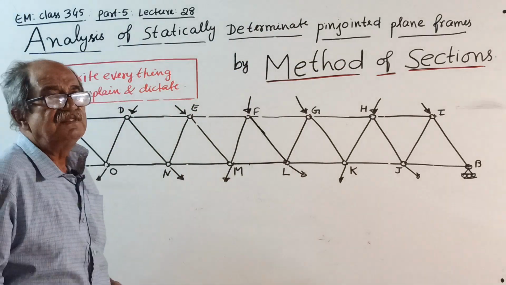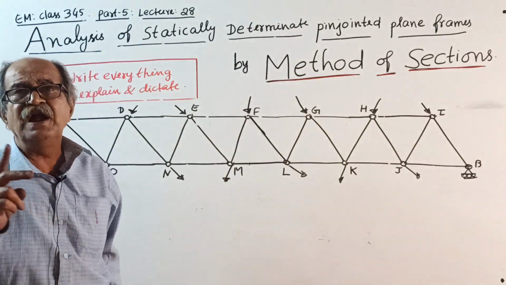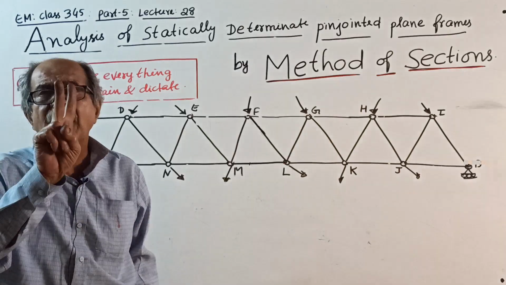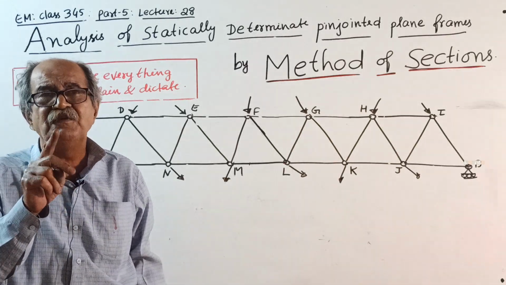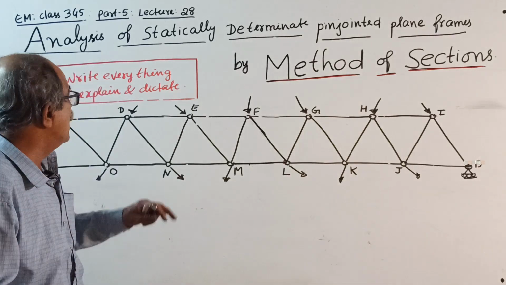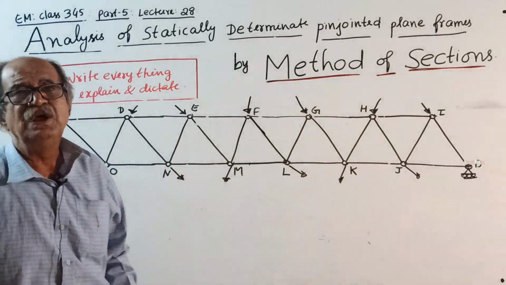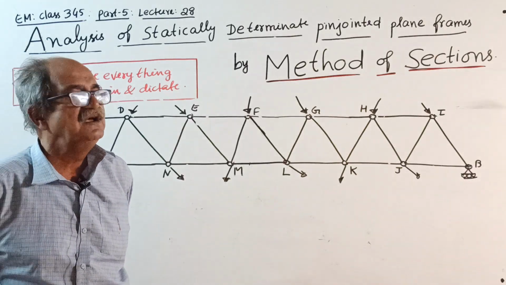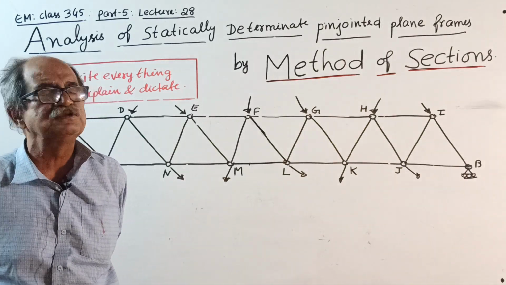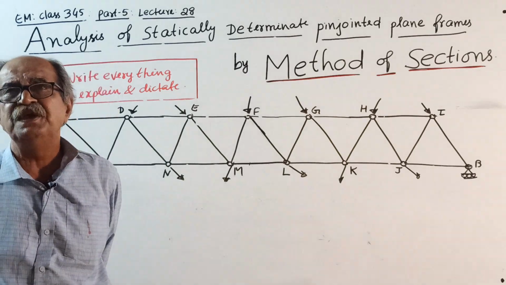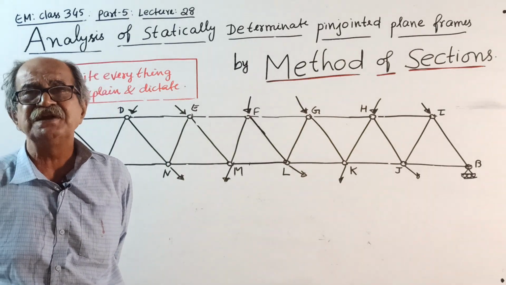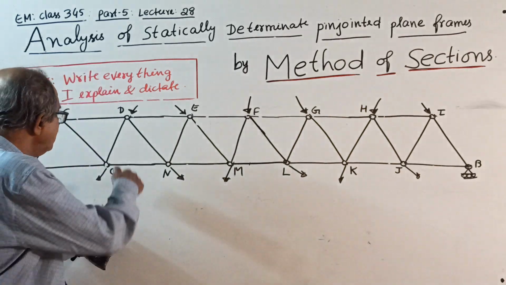And the joint selected should not contain more than 2 unknown forces from members, or in simple language, 2 unknown member forces. Usually I don't call it member force because member force means you consider compression or tension, but here you consider direction.